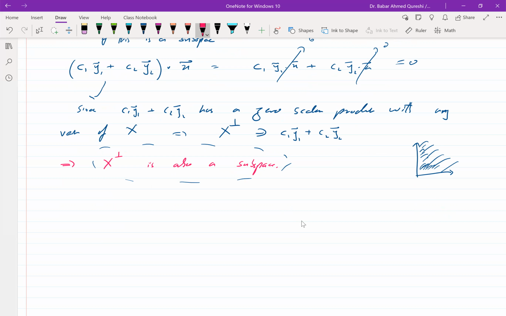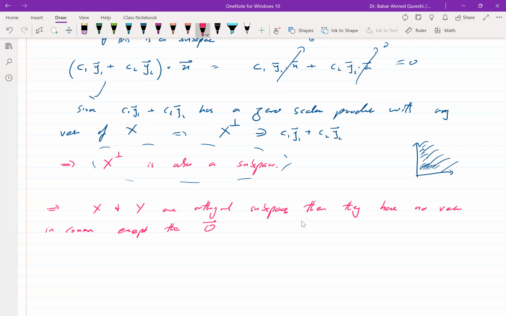But another property over here is that if X and Y are orthogonal subspaces, then they have no vector in common except the zero vector.